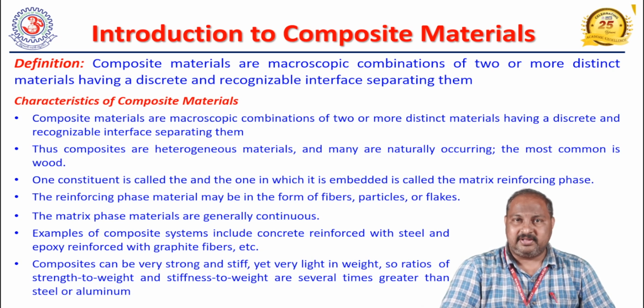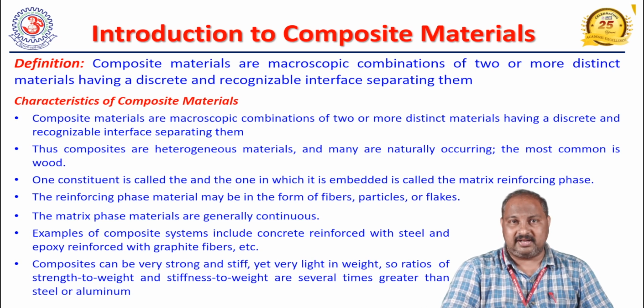The matrix phase is generally continuous, helps to hold the dispersed reinforcement together, and at the same time transfers the load among them. In detail, we are going ahead in the next slide.